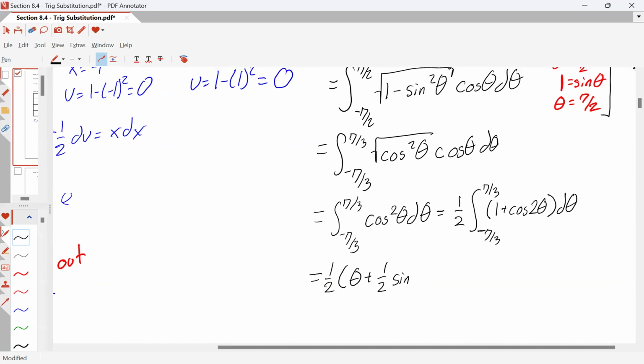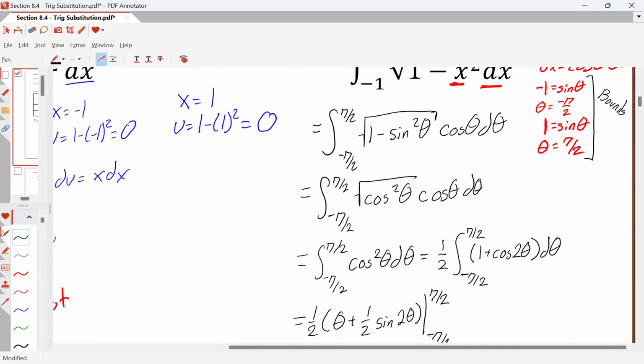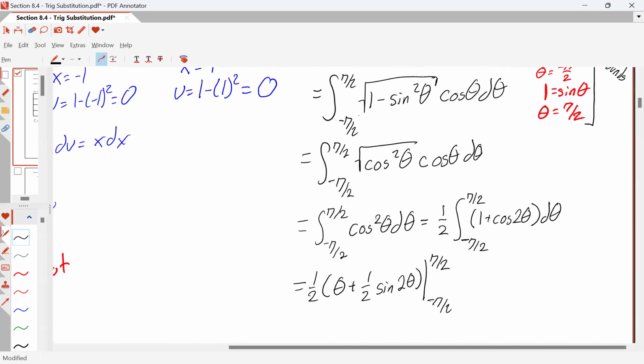Now we can evaluate that integral, and we get 1/2 theta plus 1/2 sine 2 theta. I somehow changed these all to 3s. They should be 2s still. And this is from -pi/2 to pi/2. Again, when we changed our bounds, these were -pi/2 and pi/2.